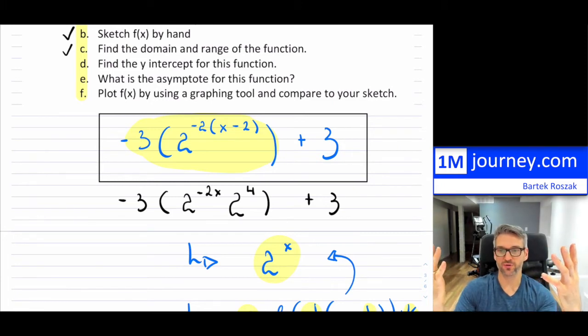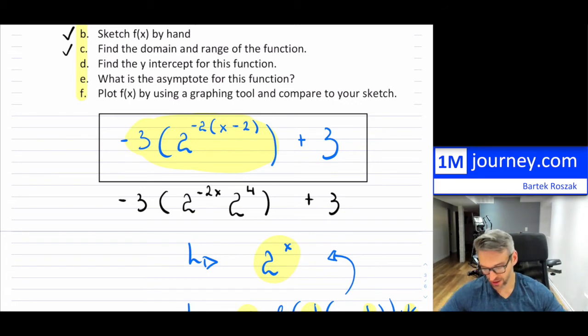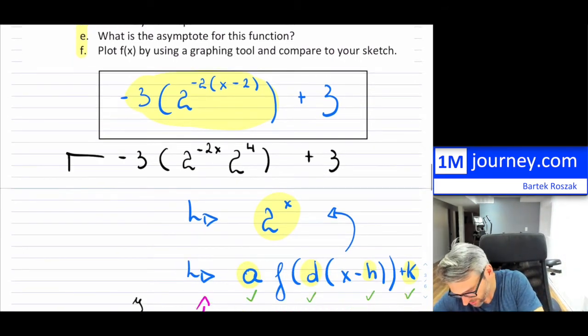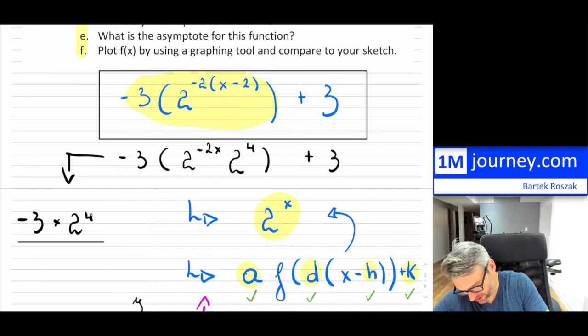So notice negative 2x plus 4 is the same thing as what I have written there. So what does this equal? We have negative 3 multiplied by 2 to the 4, and I'm going to bring this down because it has a negative exponent, so this is 2 to the 2x.